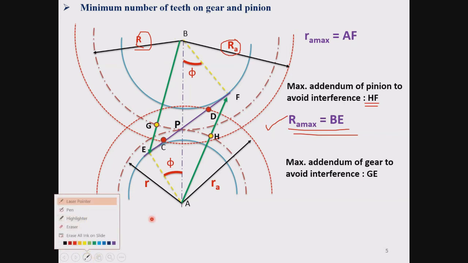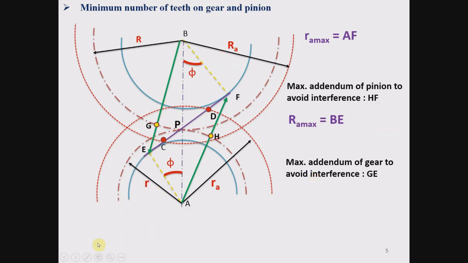Now we will mark the maximum addendum of gear to avoid the interference. If BE is the maximum radius of addendum circle of gear, the radial distance of the addendum circle from the pitch circle is the addendum.